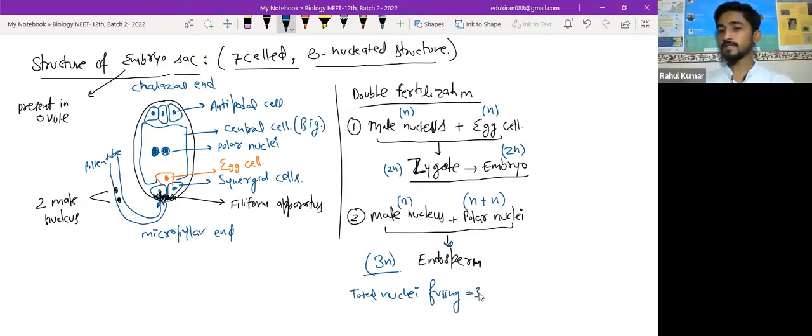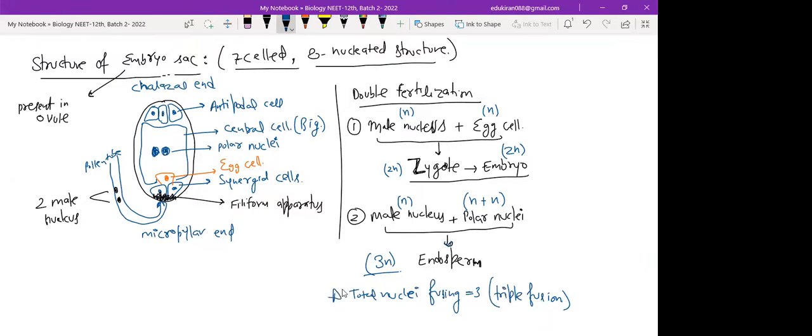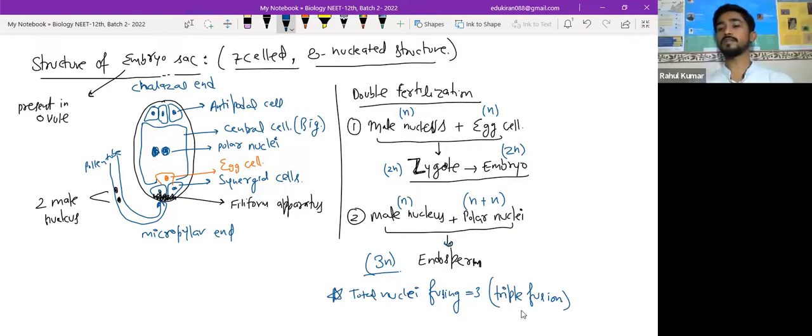That's why this particular part of double fertilization is called triple fusion. Remember you used this term. Class, do you understand what a triple fusion is? A triple fusion is the fusion of 2 polar nuclei with a male nucleus to give rise to a triploid tissue called endosperm.